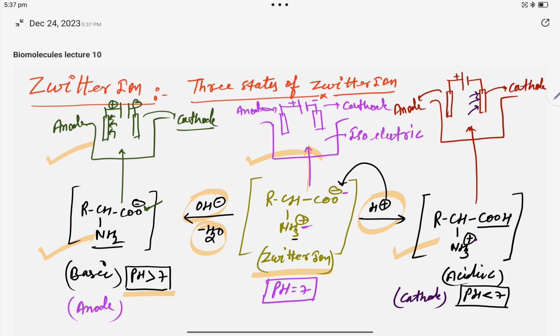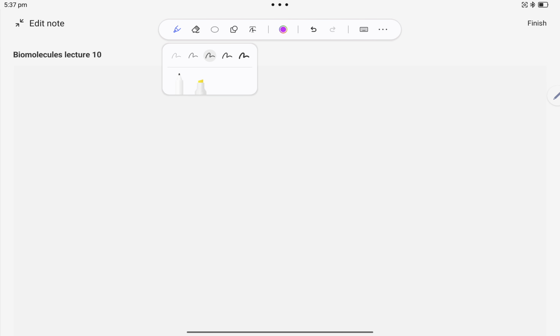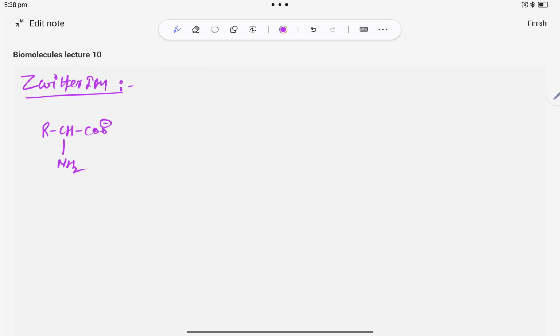Next, so I am writing here all the three states: R CH COO minus and NH2, R CH COOH and NH3 plus, and R CH COO minus and NH3 plus.